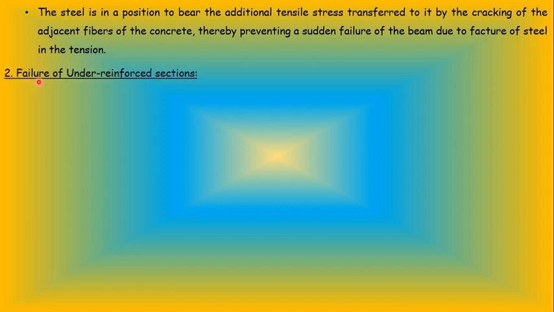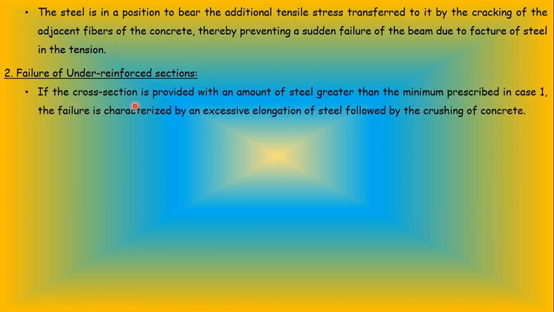Second is failure of under reinforced sections. If the cross section is provided with an amount of steel greater than the minimum prescribed in case 1, means in the first case 0.2 and 0.15, the failure is characterized by an excessive elongation of steel followed by the crushing of concrete.